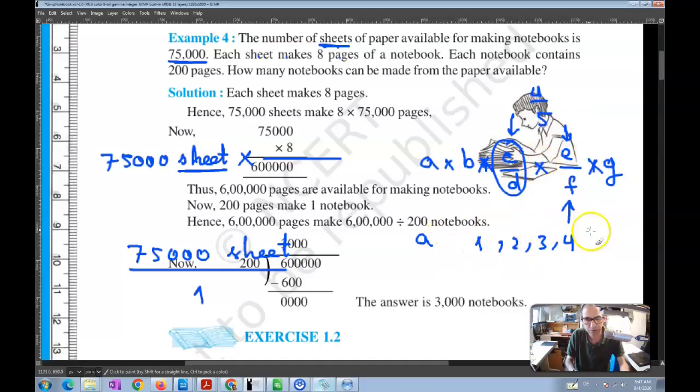Or you can think of them as division. In the case of a fraction, you have your numerator and your denominator.